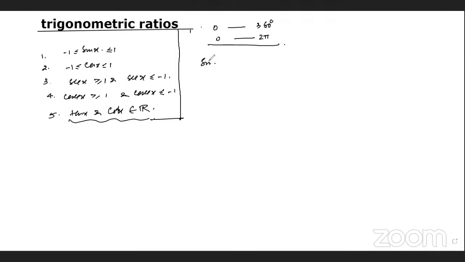before that, we have to do some trigonometric identities. Okay? Let's talk about trigonometric identities. Trigonometric ratios of compound angles.